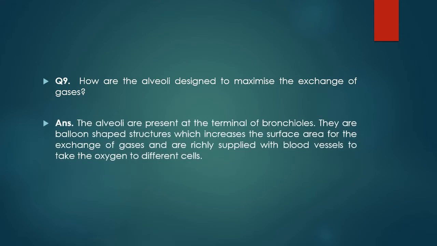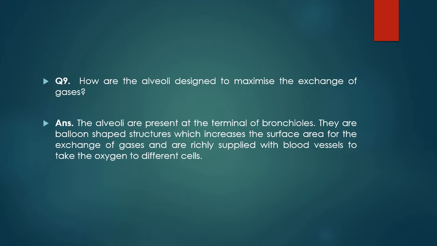So your answer is, the alveoli are present at the terminal of the bronchioles. Try to remember each term. The trachea will divide into bronchi, primary, secondary, tertiary bronchi, then bronchioles.